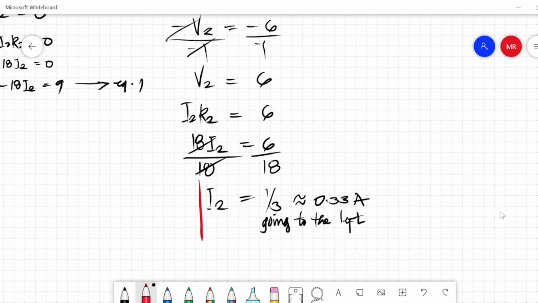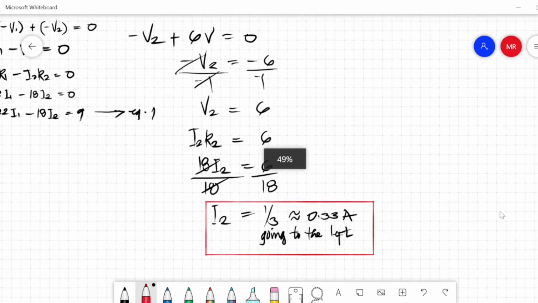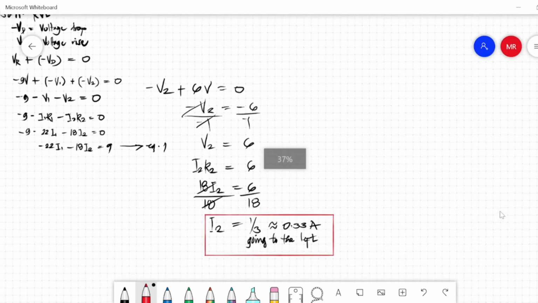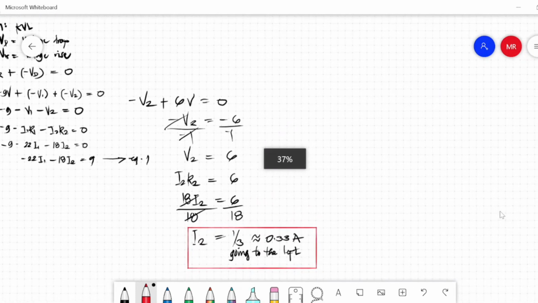So this is our answer for I2. Since we already have the value of I2, we can easily get the value of I1.